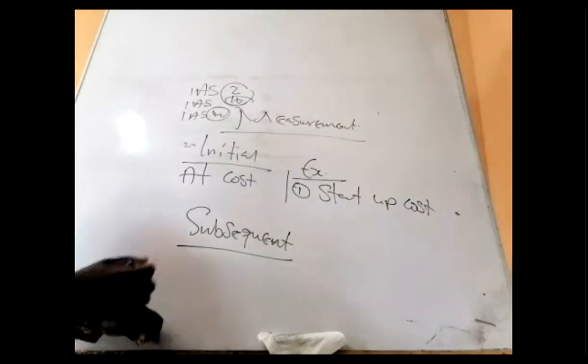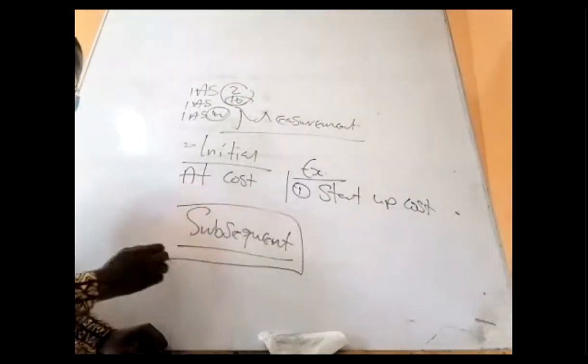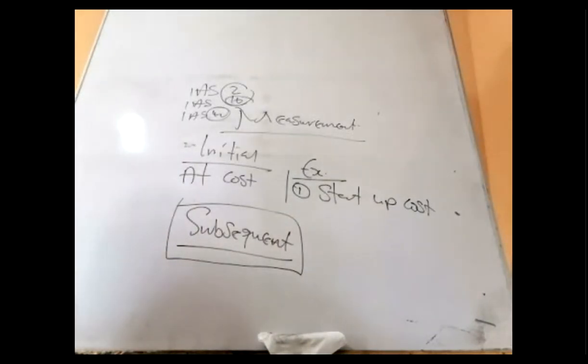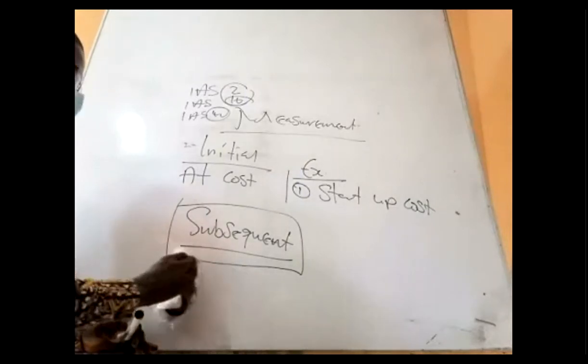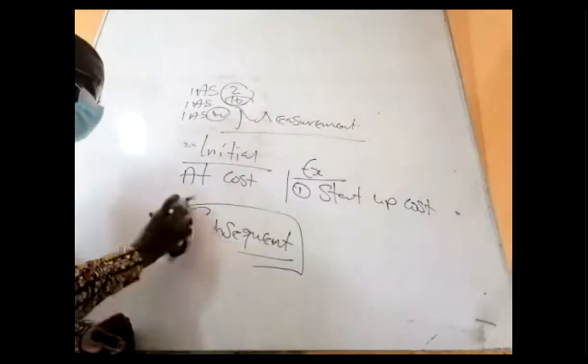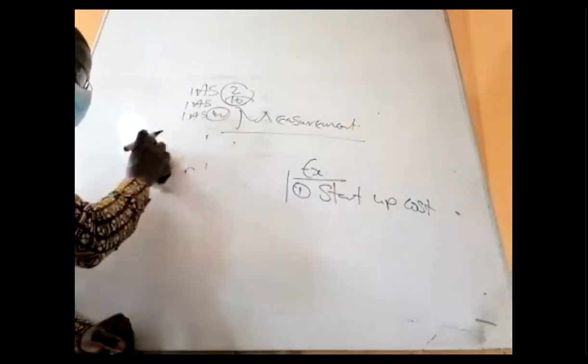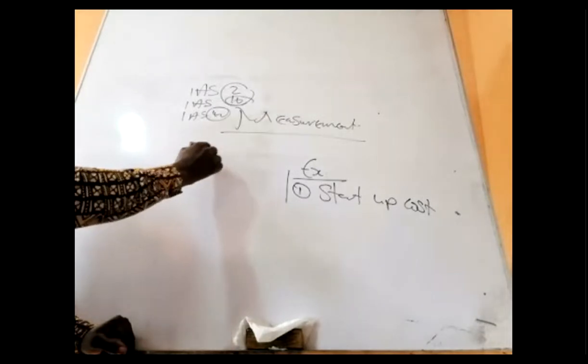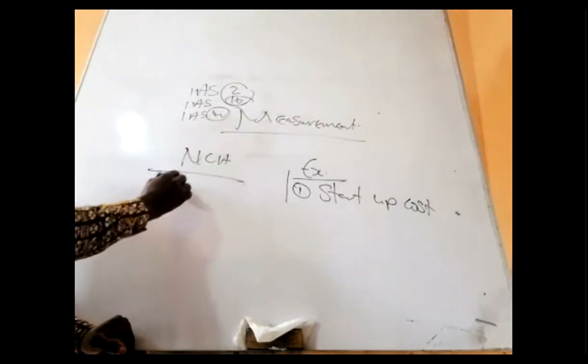I'll land on subsequent measurement. But before that, I will say recognition. We said that it should be recorded as what? A non-current asset. Among the non-current assets, investment property will have its own line. Like the PPE, under the assets in the statement of financial position, non-current assets, you start with your PPE, right?